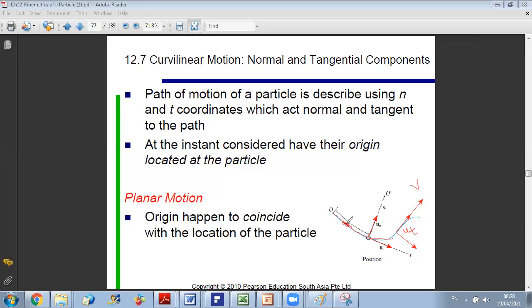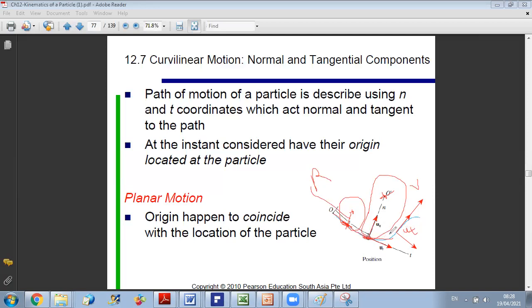So at any position, you can say I am moving on a certain circle. So you can define in this position what is called the radius of curvature, okay? And of course, you can see that the radius can be variable here. So at each position, for example here, this is the center. I have a new radius. So I'm moving on a new circle, on a small arc of a circle.